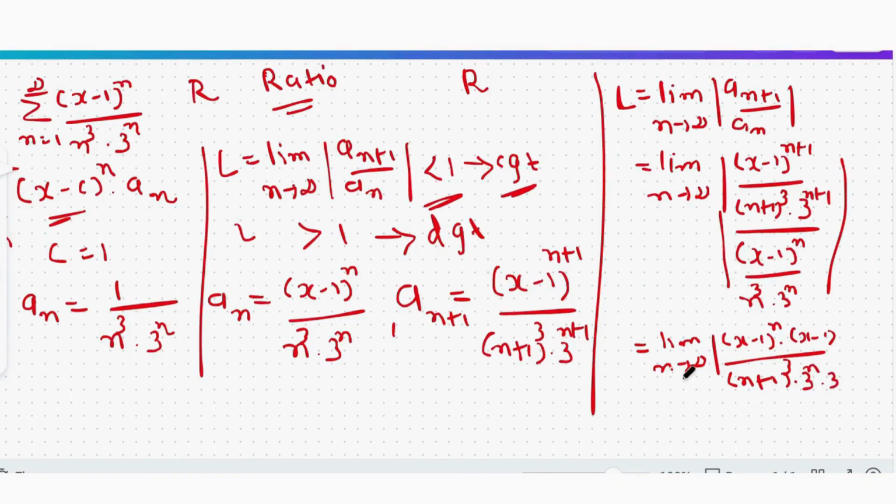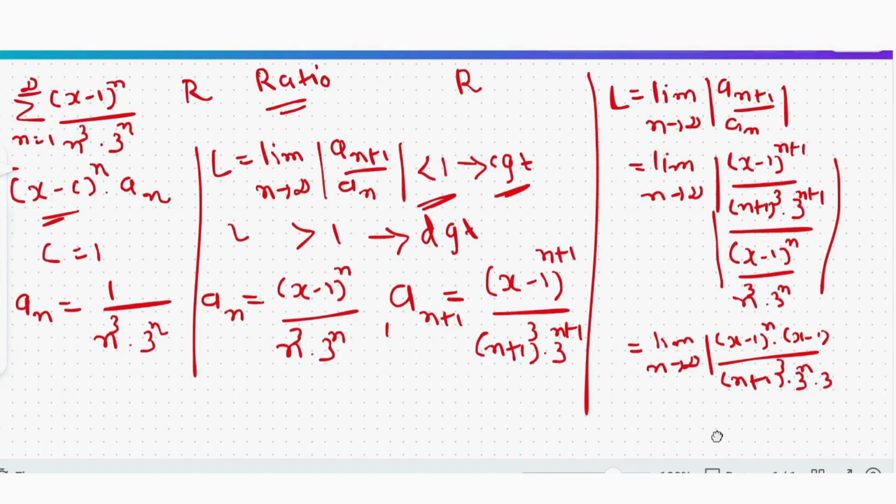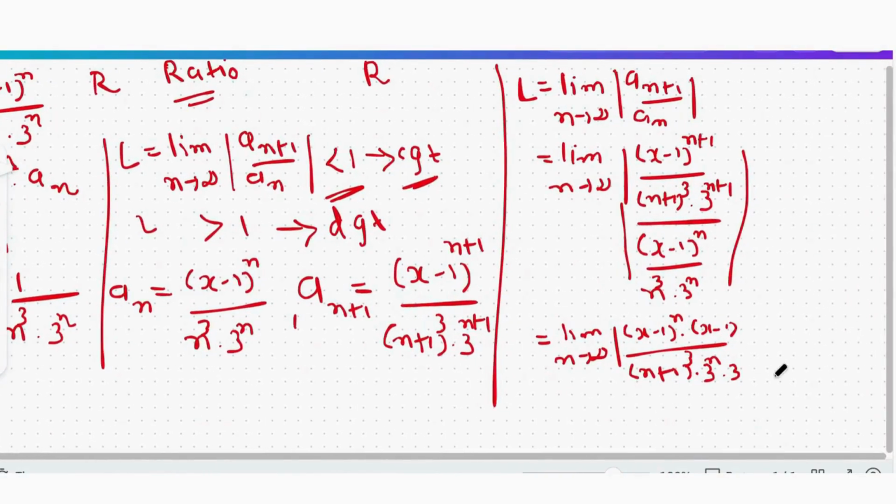Now shift the terms: n raised to 3 and 3 raised to n go to the numerator, and (x minus 1) raised to n goes to the denominator.